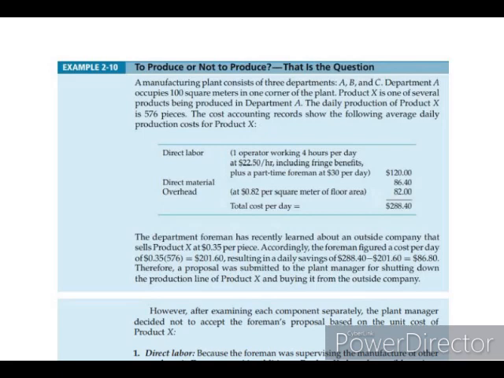So it is equal to $201.60. We then subtract the cost of buying Product X from the other company, 201.6, from the total cost per day in Department A, resulting in a daily saving of $86.80.